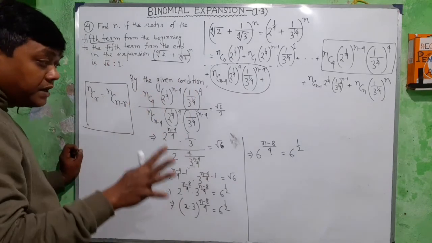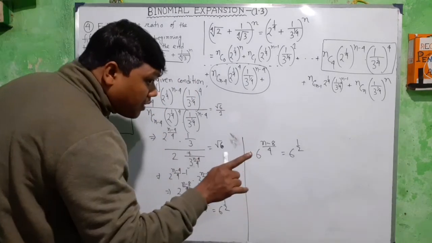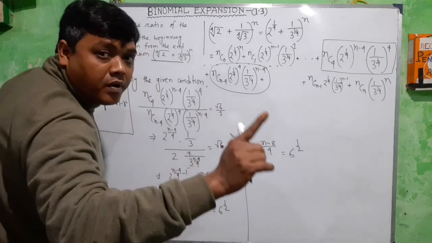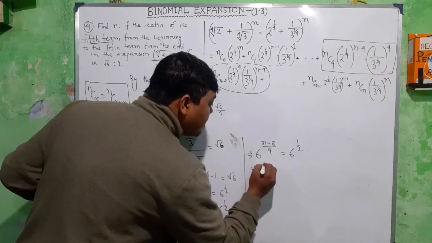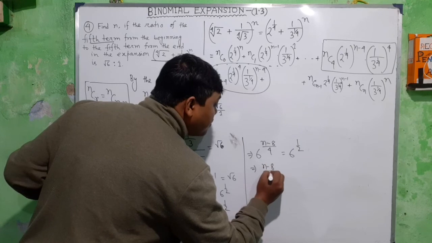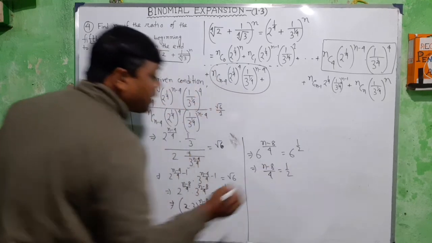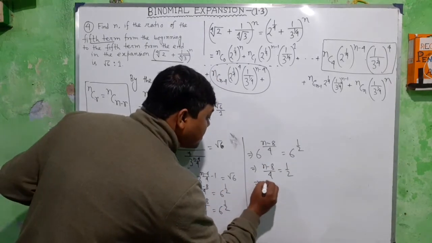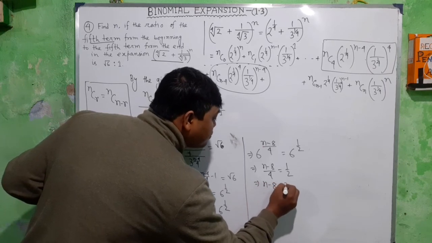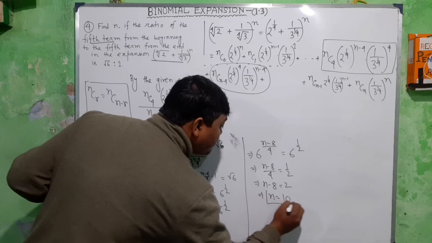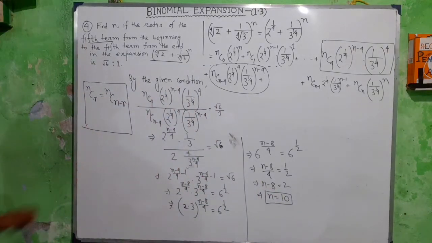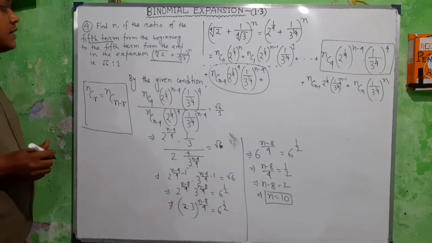According to the indices rule, if a to the power m equals a to the power n, that gives m equals n. So this gives (n minus 8) by 4 equals half. After some calculation, n minus 8 equals 2, this gives n equals 10. So the value of n is 10.